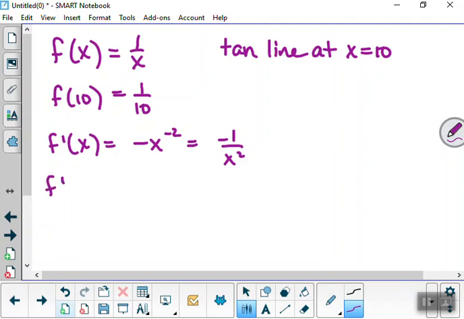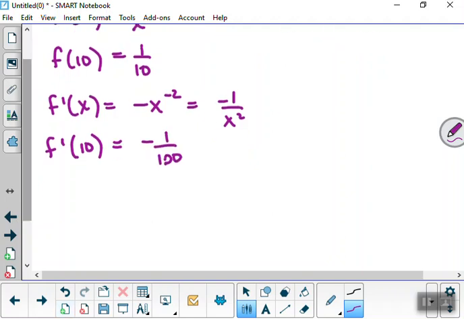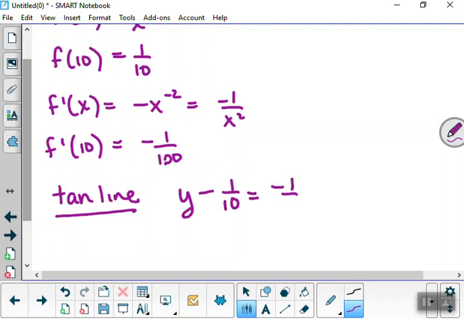So f prime of 10 would be negative 1 over 100. So the tangent line to f of x equals 1 over x at x equals 10 would look something like this: y minus 1/10 equals negative 1 over 100 times x minus 10.